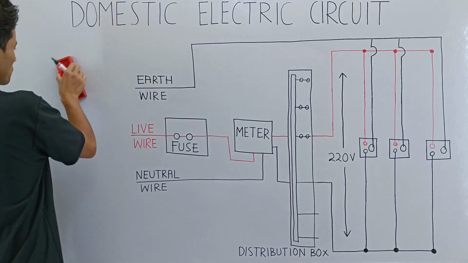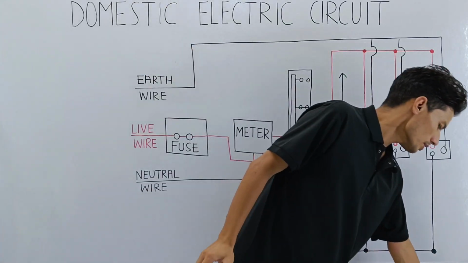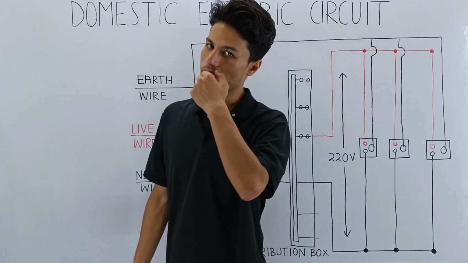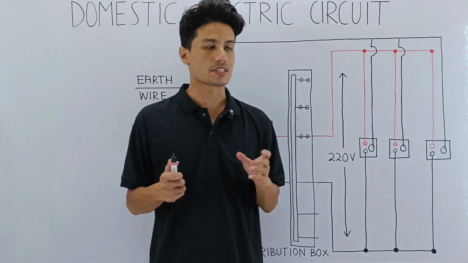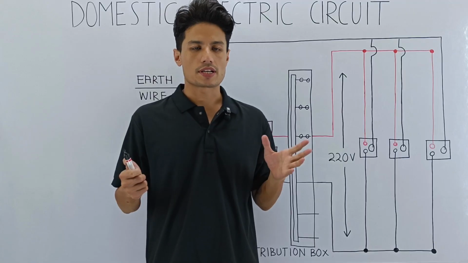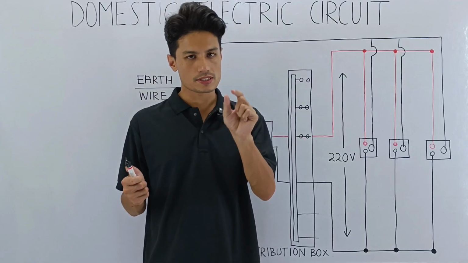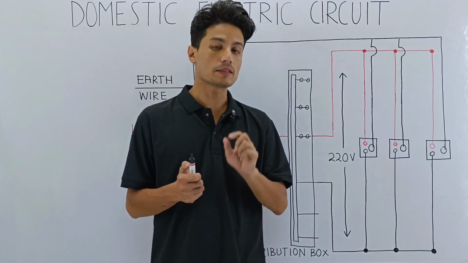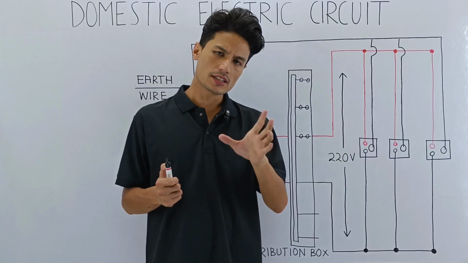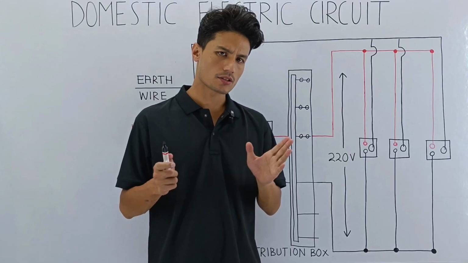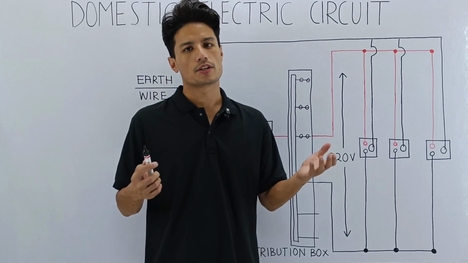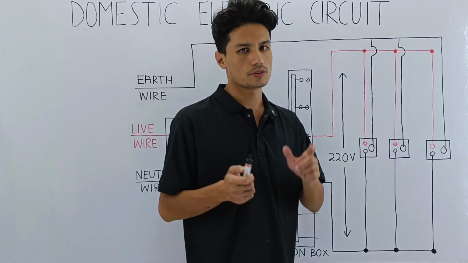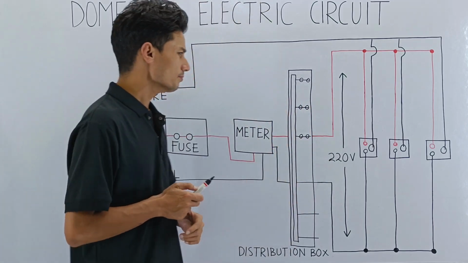I encourage my students to understand the concept. Concept is king. I've been using this phrase in my past videos also. Nothing beats concept. Once you understand the concept, you are ready to face any question.